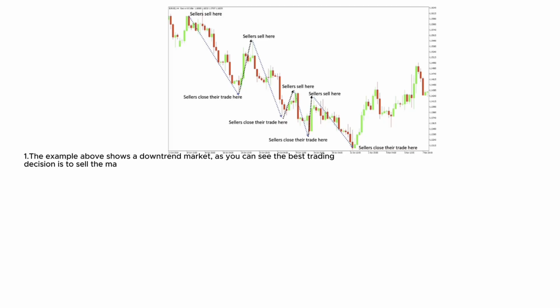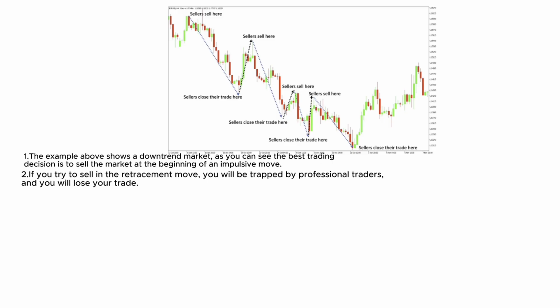So this is another example of a bearish retracement and impulsive move. The example above shows a downtrend market. As you can see, the best trade is to sell the market at the beginning of an impulsive move. If you try to sell in the retracement move, you will be trapped by professional traders and you lose your trade.